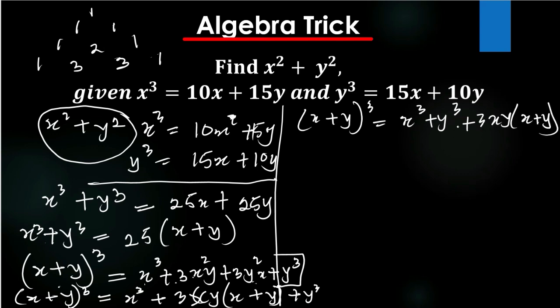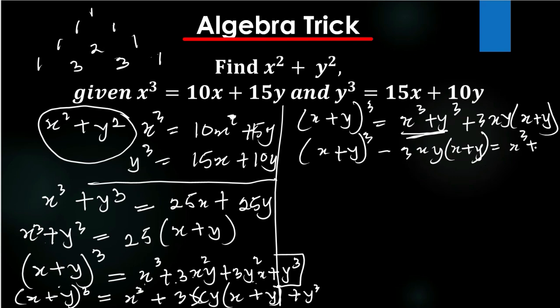Now let's do a change of subject formula and collect like terms so that we will leave the whole of x raised to power 3 plus y raised to power 3 outside. This will be x plus y raised to power 3 minus 3xy into x plus y equals x raised to power 3 plus y raised to power 3.